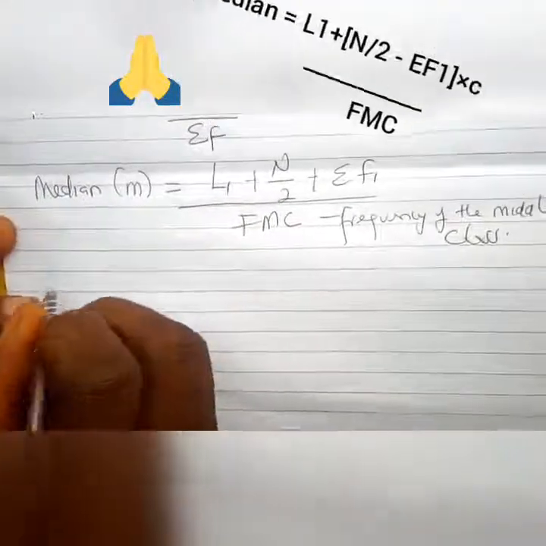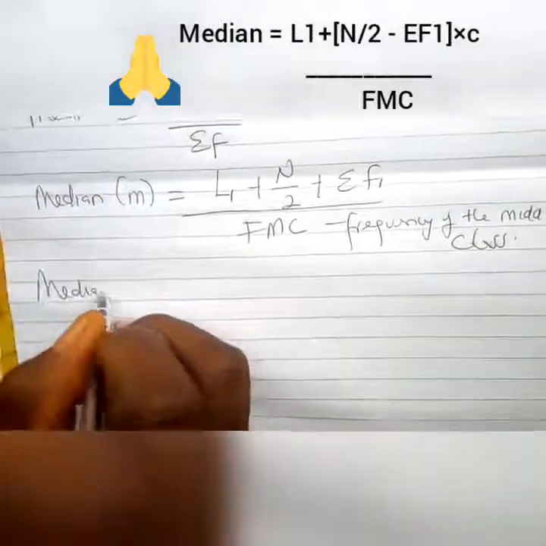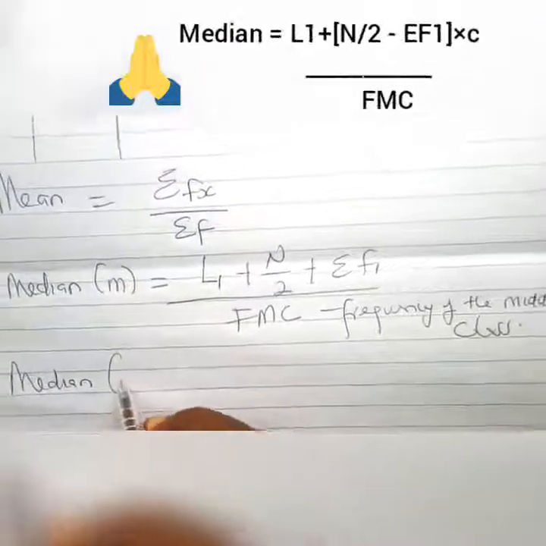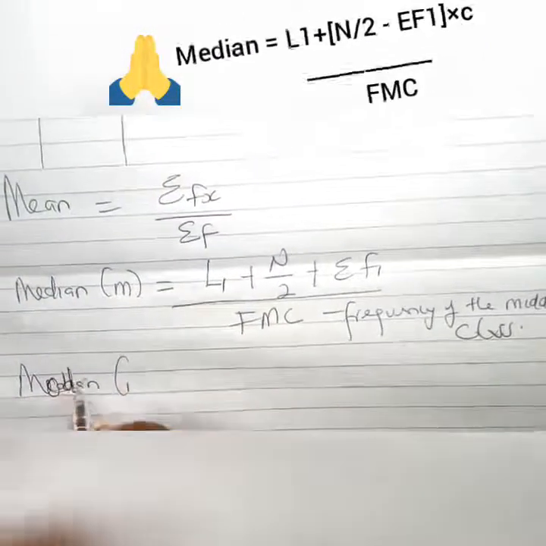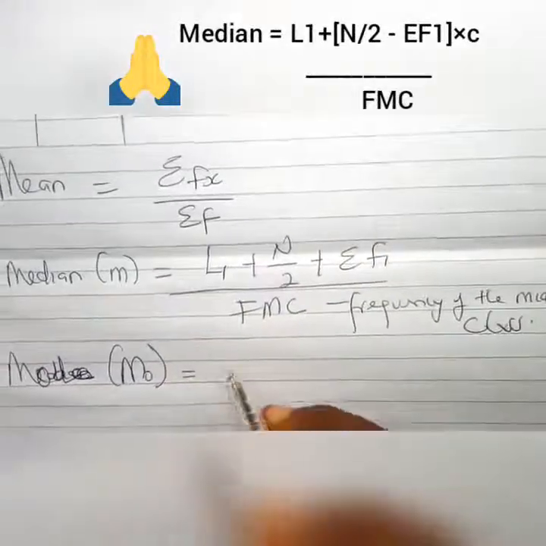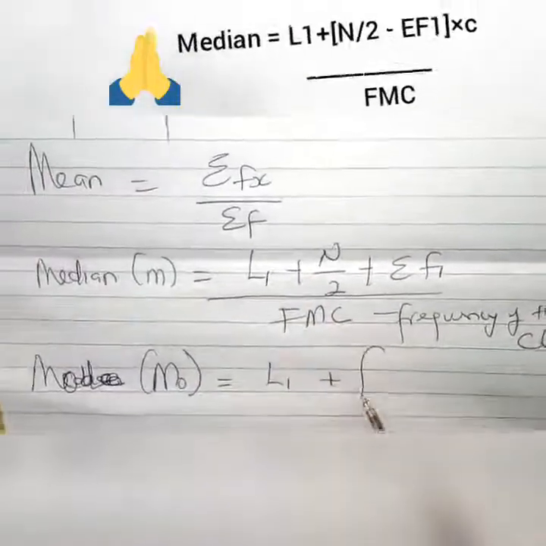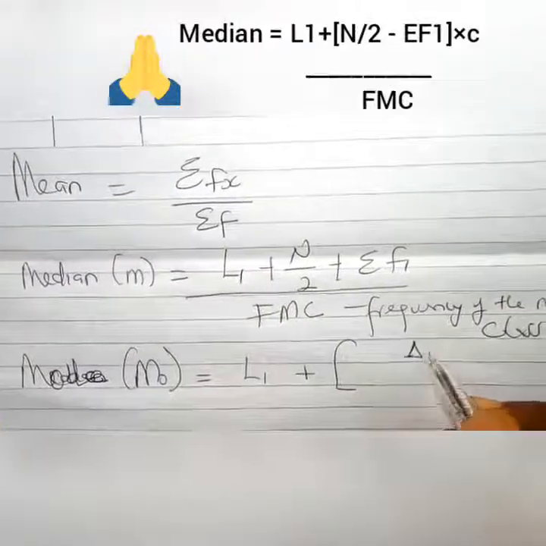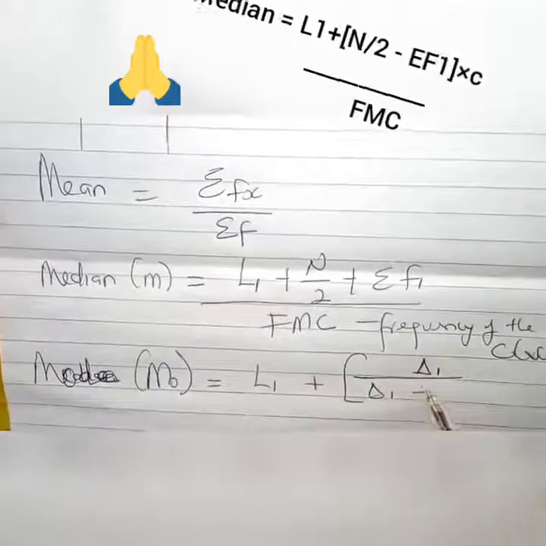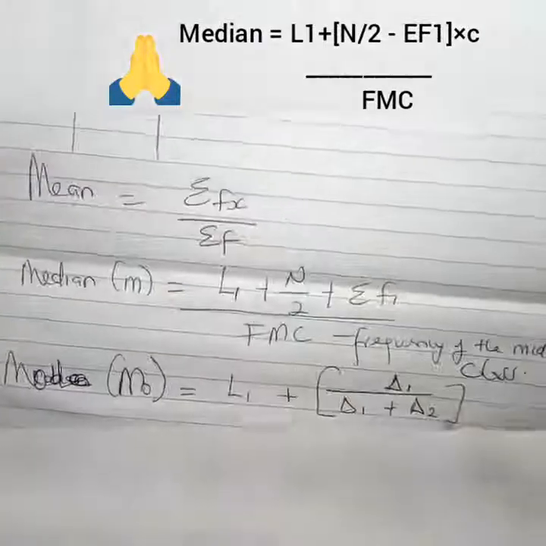So, to the mode, we have it as MO, which is L1 plus, open your brackets, change 1 over change 1 plus the second change.